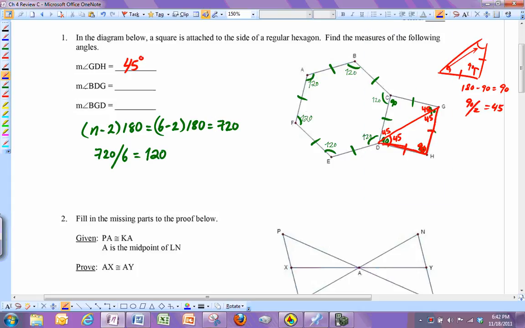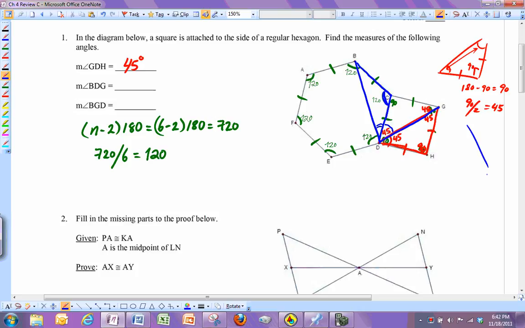Okay, so let's look at BDG. B to D to G. One nice thing about this is I already know this part's 45 degrees. So if I could figure out what this part is, I could just add it to 45 and I'd be done. So let's take a look at this triangle here in blue. It's also isosceles with a 120 degree angle in the middle there.